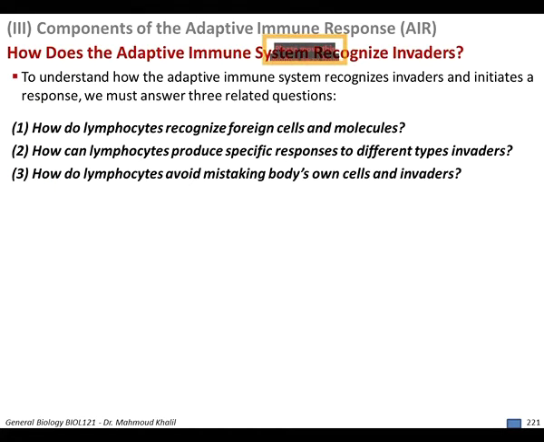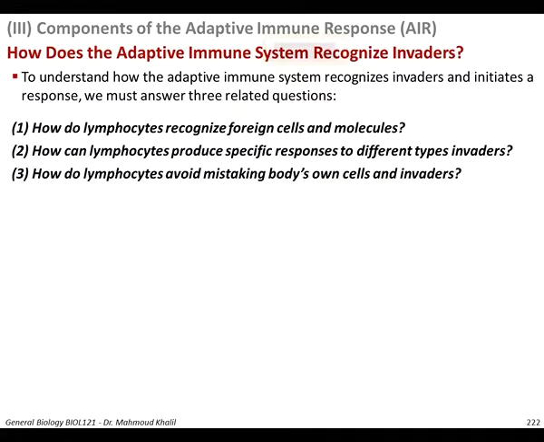So how does the adaptive immune system recognize invaders? To understand how the adaptive immune system recognizes invaders and how it responds, you need to answer three related questions. How do lymphocytes recognize foreign cells and molecules?